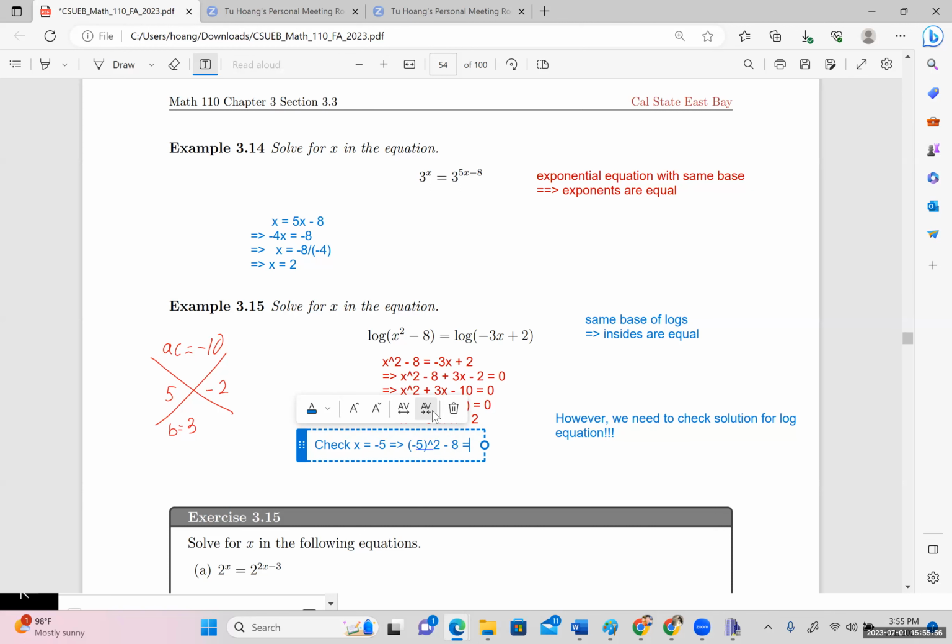What is that equal to? 25 minus 8, which is 17. It's greater than 0. Right? That's good.